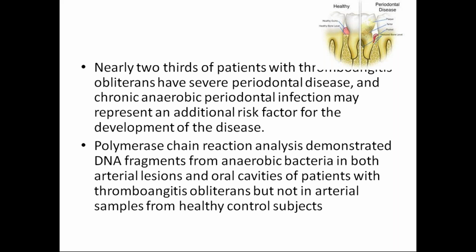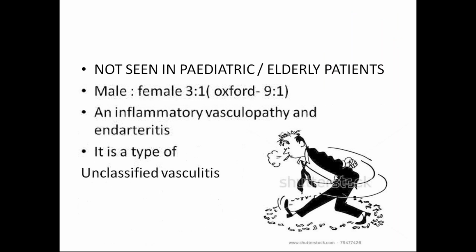Some research studies have shown DNA fragments of anaerobic bacteria in the oral cavity and arterial lesions, but as of now it hardly means anything, because while brushing, these bacteria will go into the blood and get deposited in blood vessels all over the body. So it doesn't prove anything, and we cannot disprove anything either. There may be a relation between these two. No standard textbook usually gives this.